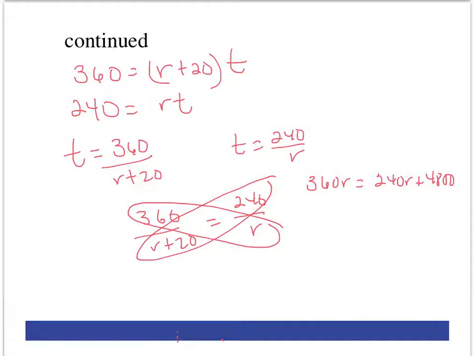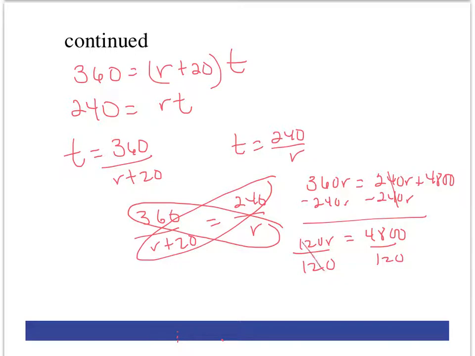So we're trying to find the rate. If we subtract 240r from both sides, what do we get? 120r, very good. 120r equals 4,800. Divide by 120 on both sides. So r equals, what do you think r is going to equal? Very good. R equals 40.